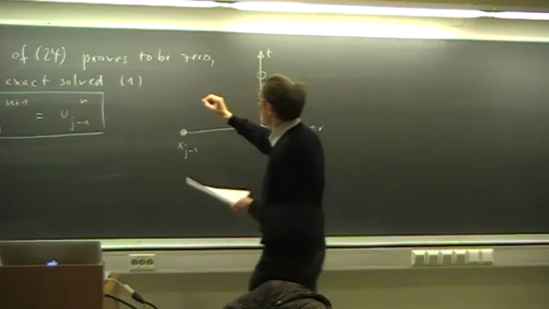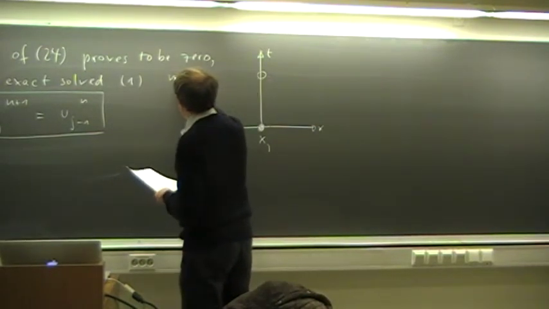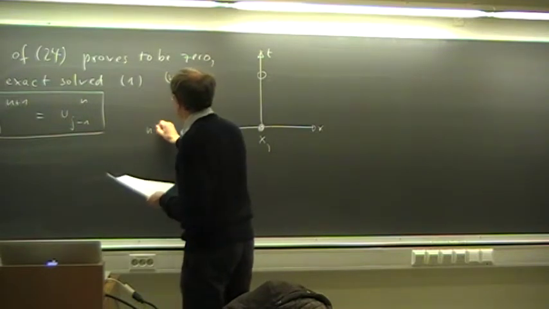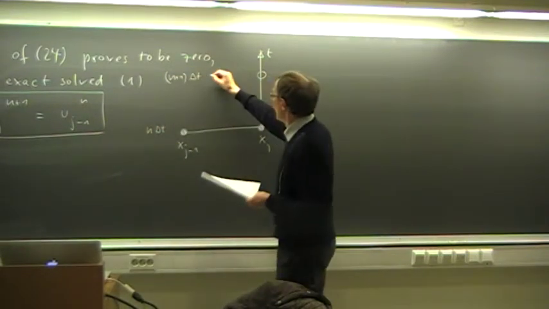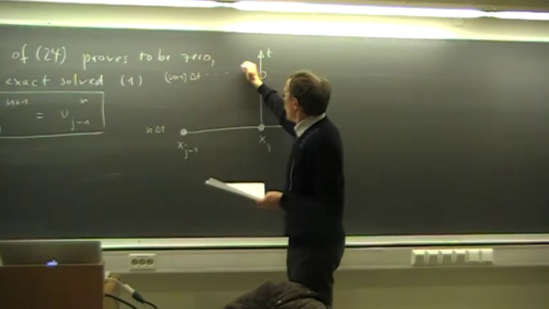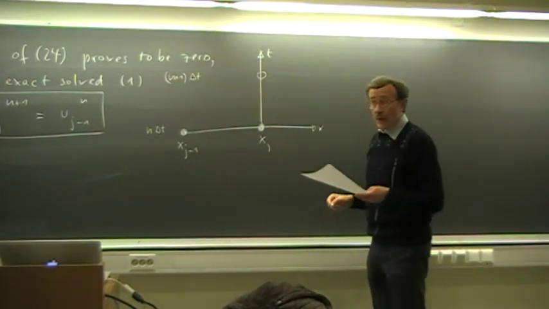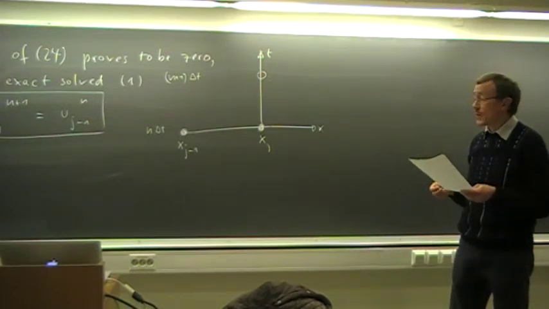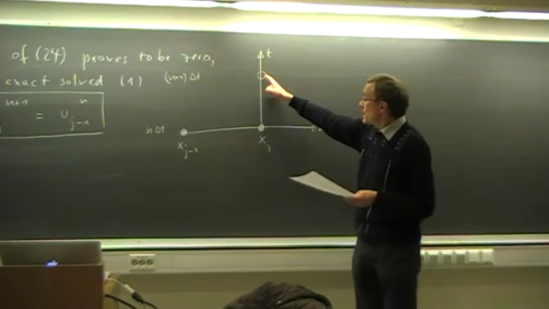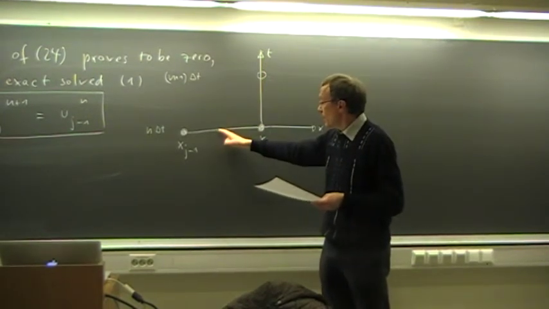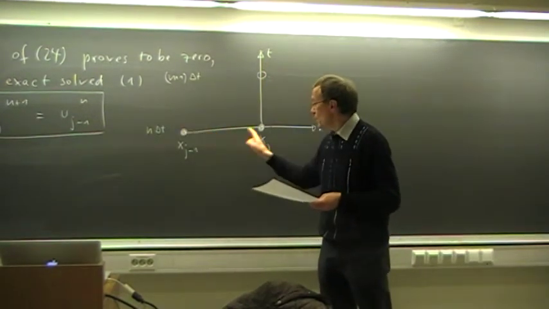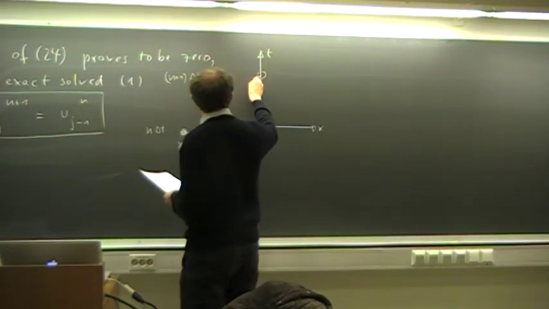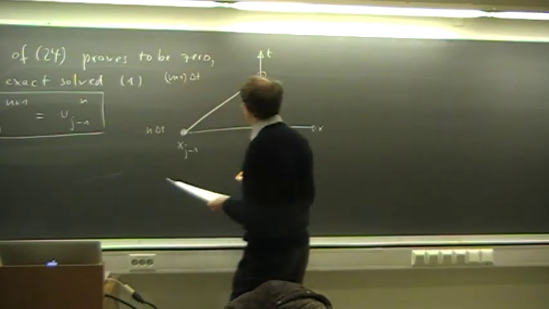So here we have the time level n plus 1, say delta t, and here we have n delta t, the old time level. So then we argued when we derived the stability condition that the characteristic must come from a point that is between these points. But what when we have this situation? That is allowed when we have this situation.